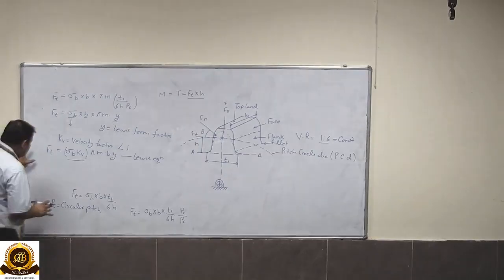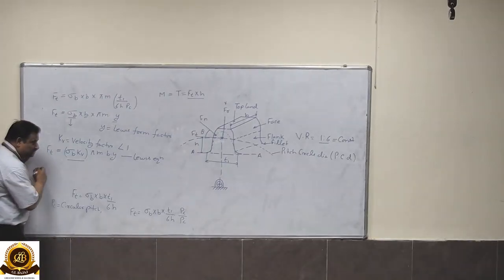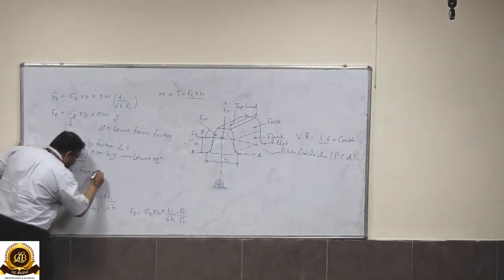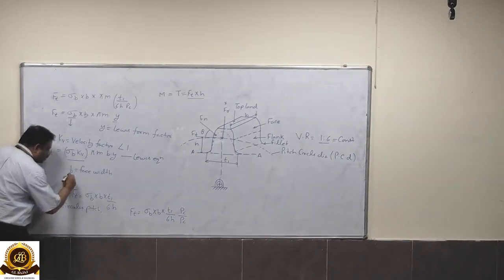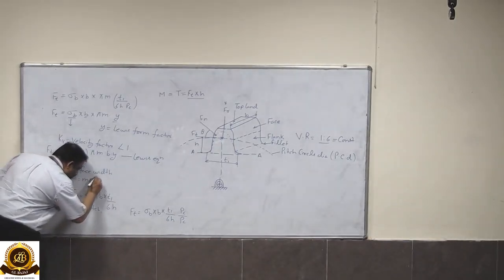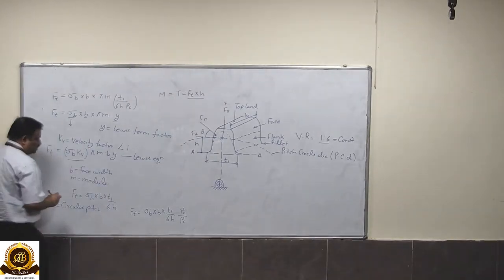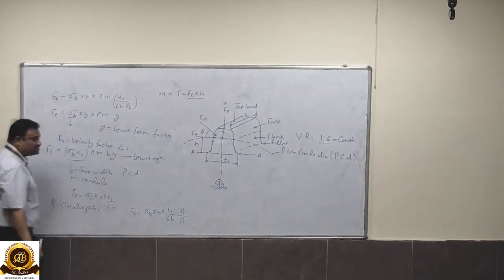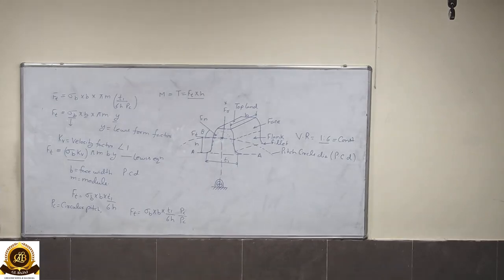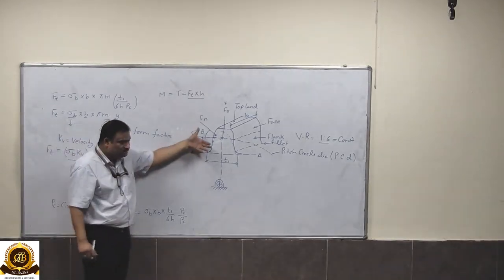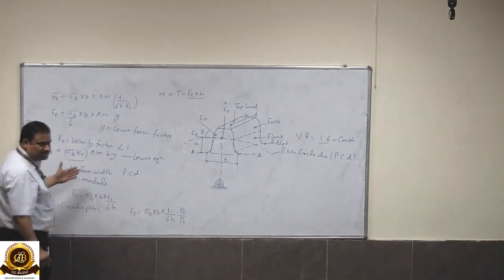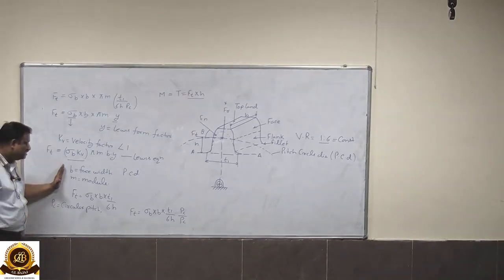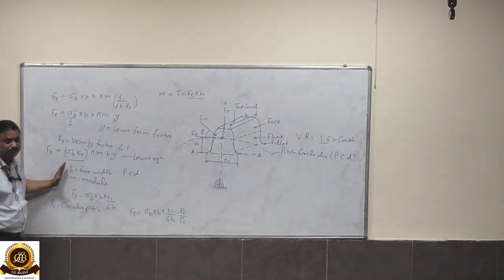So once we calculate the value of the face width, module, pitch circle diameters of both the wheels, meaning the input wheel and output wheel, and the addendum circle, dedendum circle, and other parameters which are required for manufacturing, these dimensions need to be checked under the surface failure criteria.